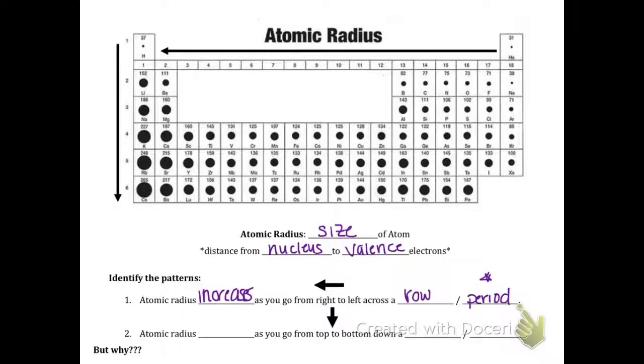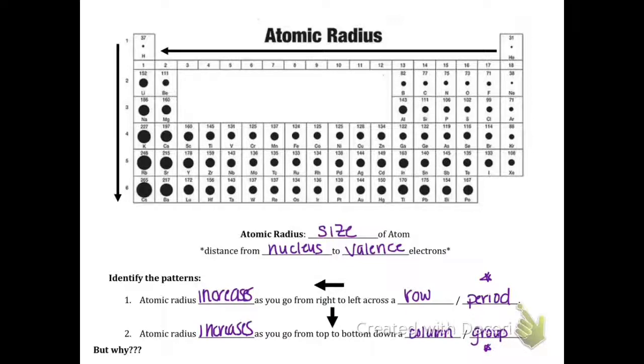Okay? Atomic radius also increases as you go from top to bottom down a column. Instead of using the word column, we use the vocabulary word group. Okay, so those are the two words you want to use.